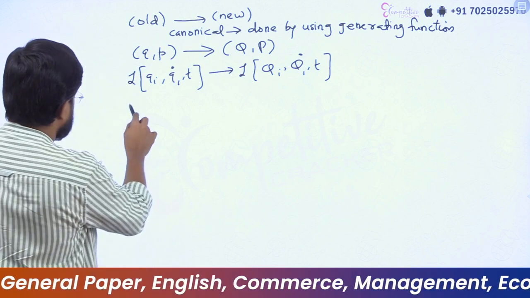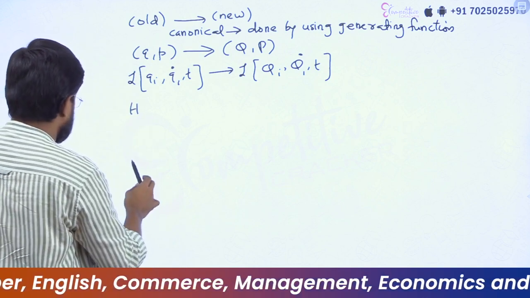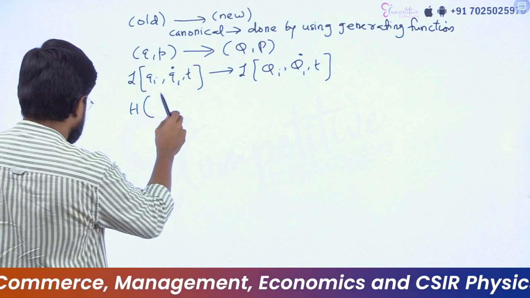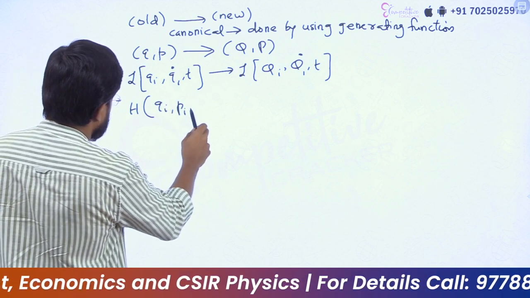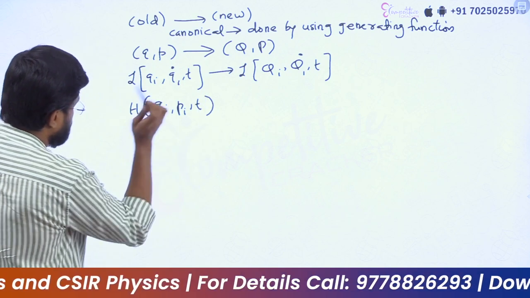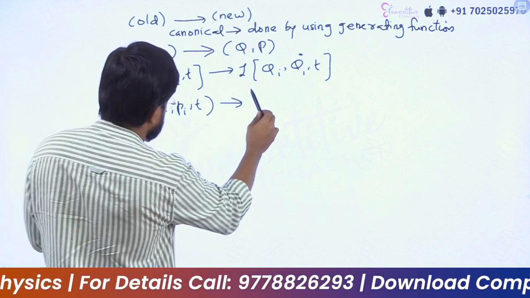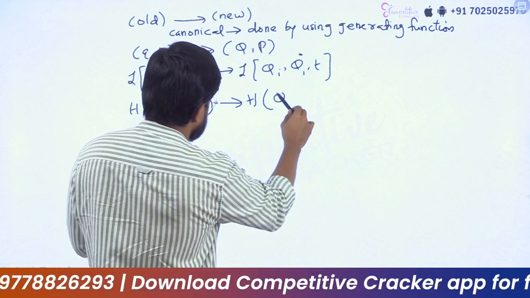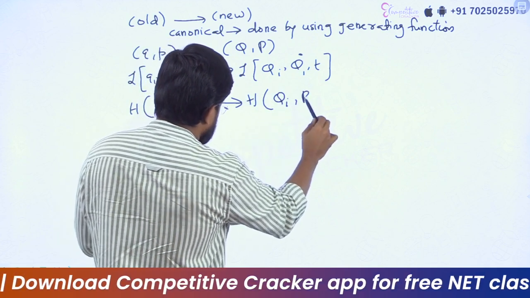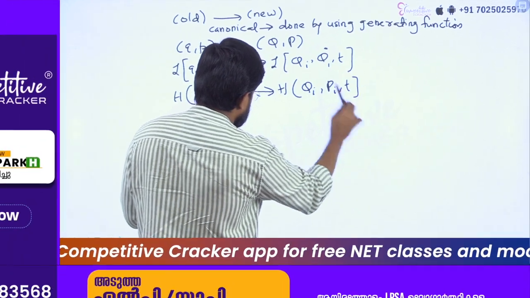And similarly, the old Hamiltonian depends on qi, small pi and t. And this also results in a new Hamiltonian, which depends on capital Qi, capital Pi and t.